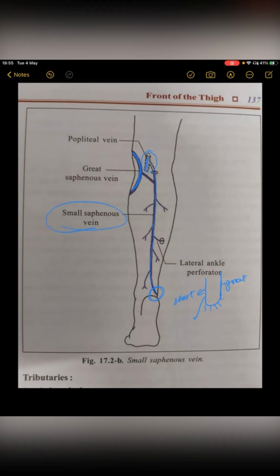In that case, it is called the accessory saphenous vein, which drains into the great saphenous vein. Or it can bifurcate. One will join with the great saphenous vein and the other will end in the popliteal vein. And it sometimes fails to reach the knee and ends in the great saphenous vein below the knee. If you can remember this, okay, otherwise just remember that it drains into the popliteal vein.